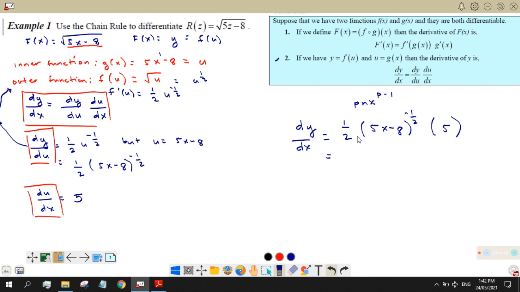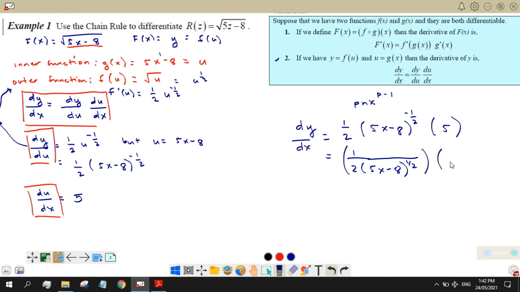Okay. Simplify natin tong unang dalawa. We have 1 over 2 times 5x minus 8 raised to the power of negative 1/2. Ay, positive na siya kasi nasa baba na siya. 1/2 na lang pala.